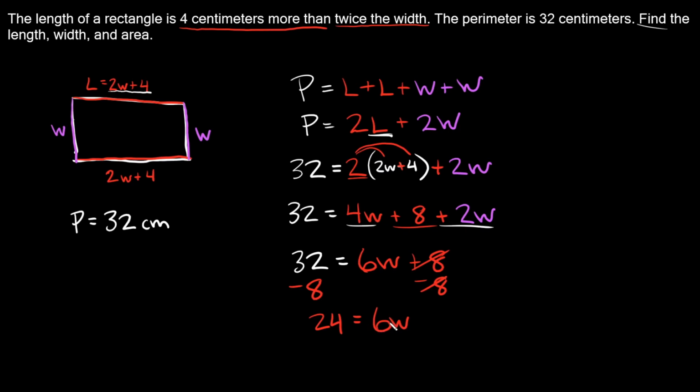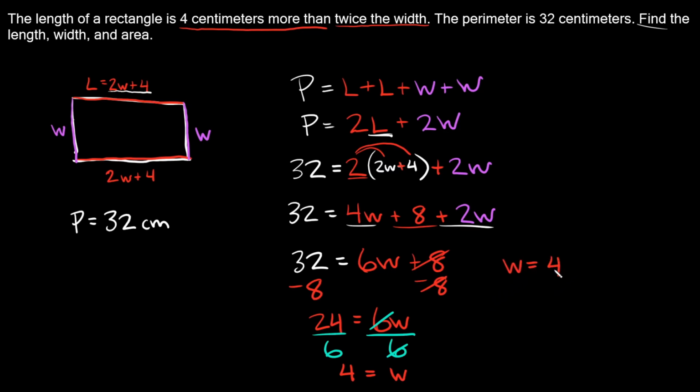So since we're multiplying, in order to undo that, we're going to divide by 6. Okay, and what you do to one side, you do to the other. So these 6's cancel out. So then on this side of the equation, we're just left with w, and then that's equal to 24 divided by 6, which is equal to 4, okay? Or I could rewrite it as w is equal to 4.